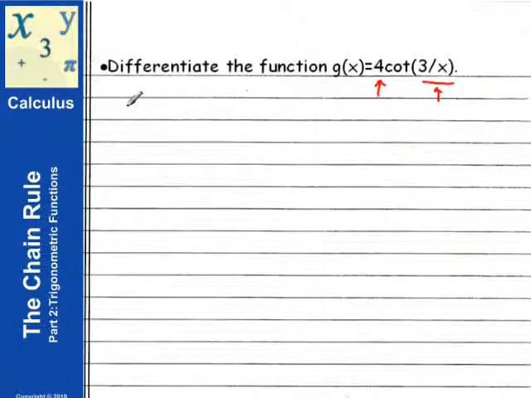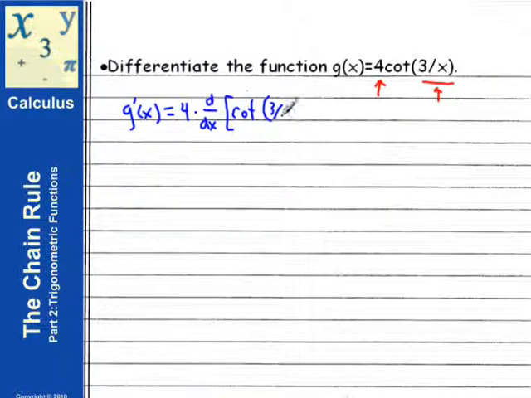So we're preparing to find this derivative. We'll start by saying, okay, g prime of x is equal to 4 times the derivative of the cotangent function. That is the cotangent of 3 divided by x.